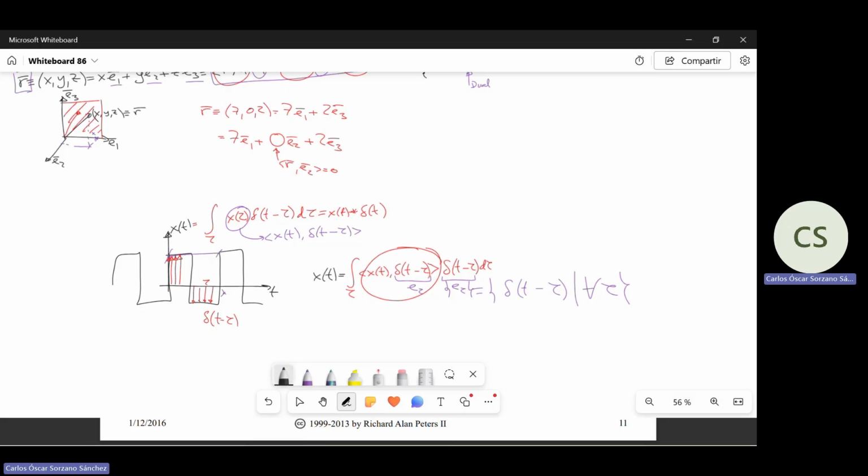Okay, very good. Now let's write the Fourier transform, or rather the inverse Fourier transform.